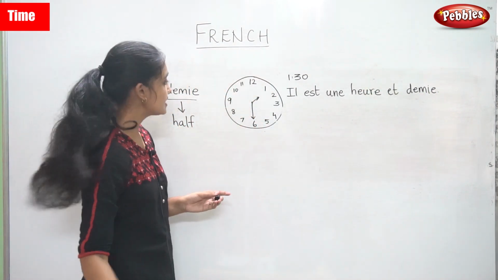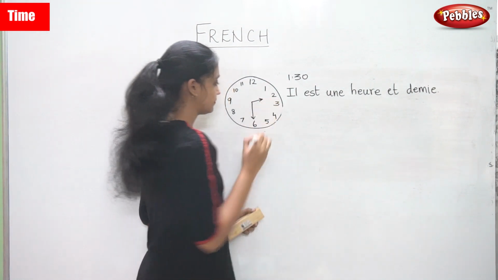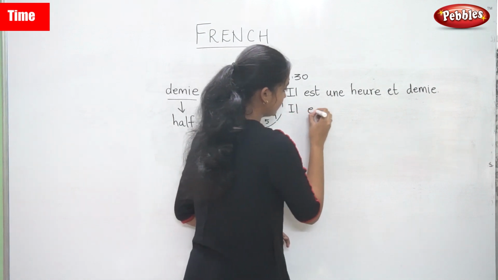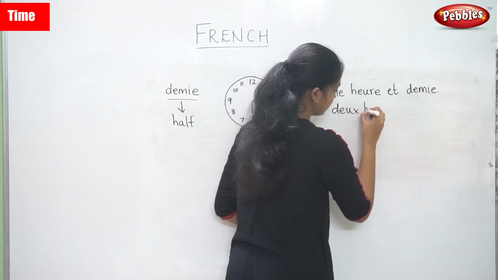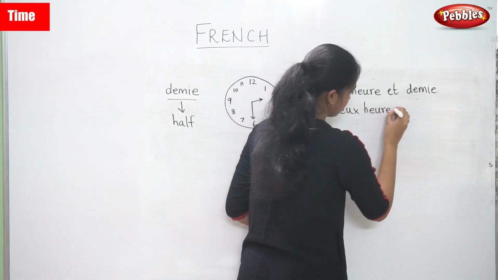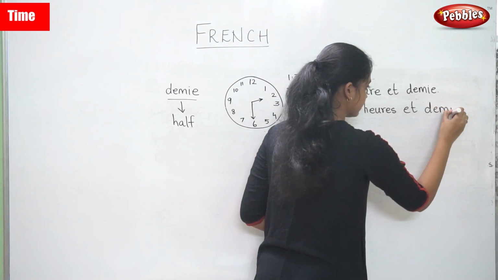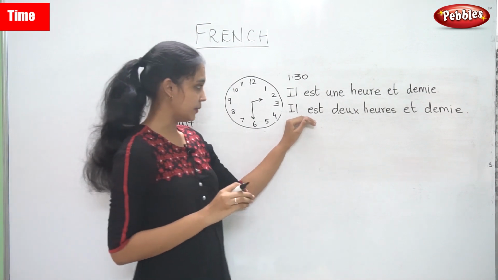Similarly, if it is 2:30, you say il est 2 heures et demi. Il est 2 heures et demi.